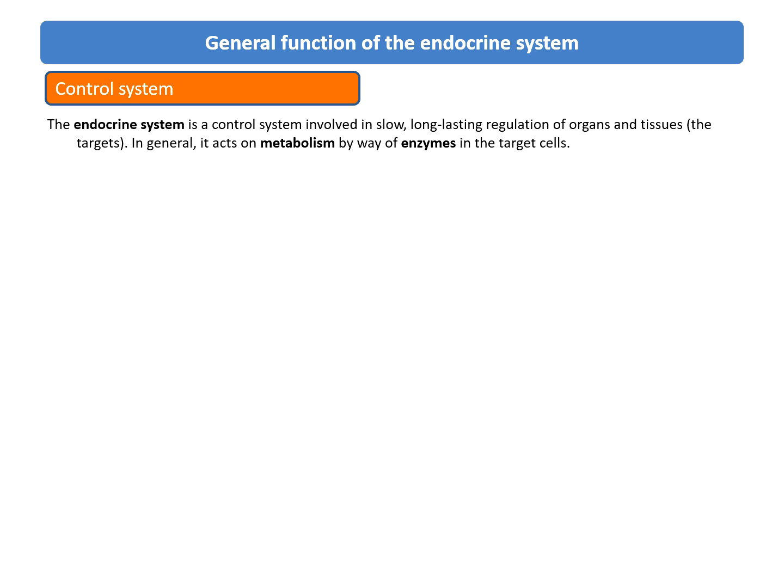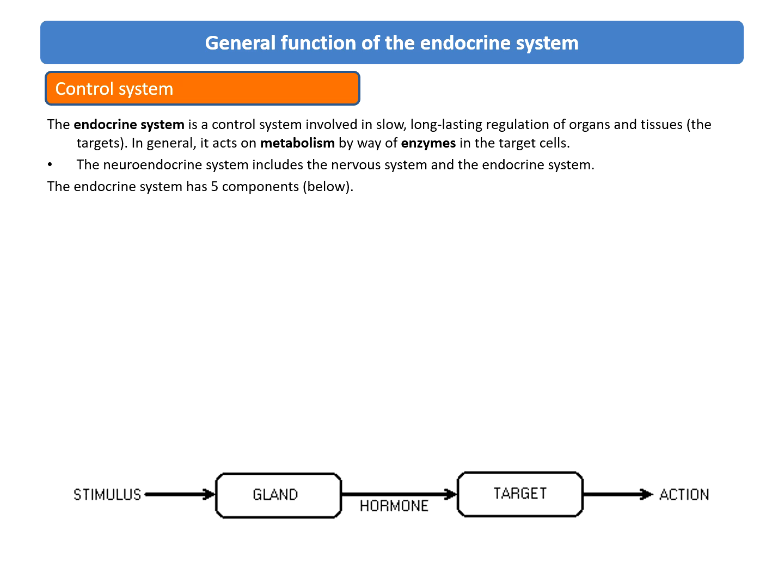You might say that the endocrine system is an enzyme or metabolism controller, whereas the nervous system is a muscle controller, skeletal and smooth. A neuroendocrine system includes the nervous system and the endocrine system because the two systems are closely linked. The endocrine system has 5 components.